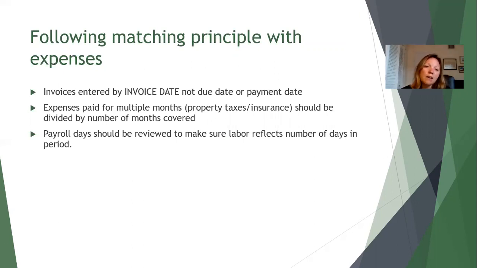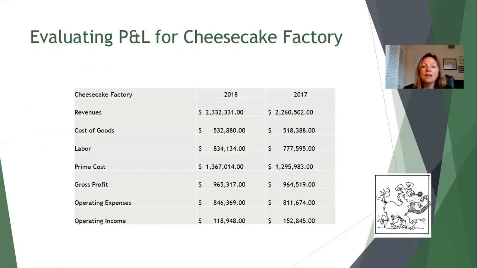If you're on a bi-weekly payroll, there are a few months in the year that you actually have 3 payrolls. So this becomes really important to make sure on those months especially that your payroll reflects the days worked, not when the payroll was paid.